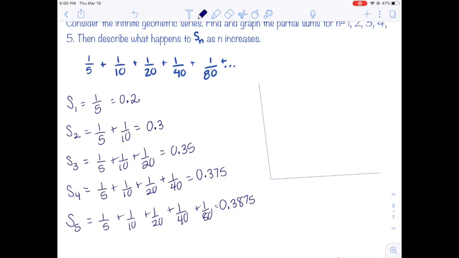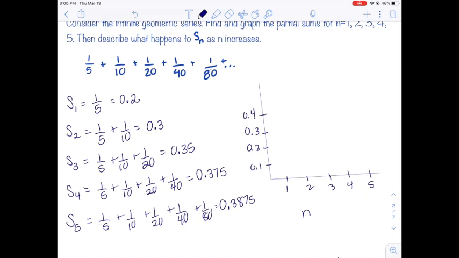So as you graph this, you'll see that as your n value, 1, 2, 3, 4, 5, you can plot like 0.1. Just find a scale that's appropriate for your sum. 0.4.